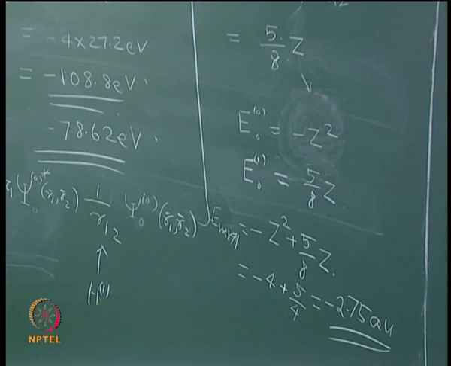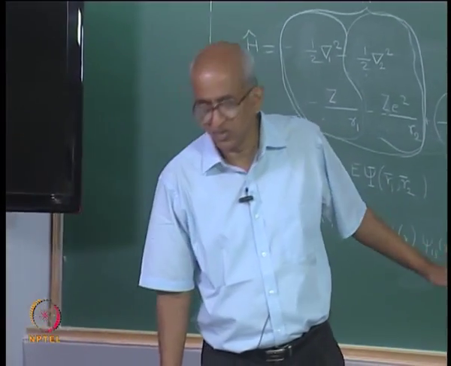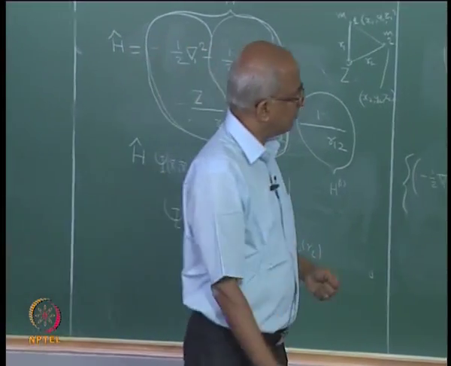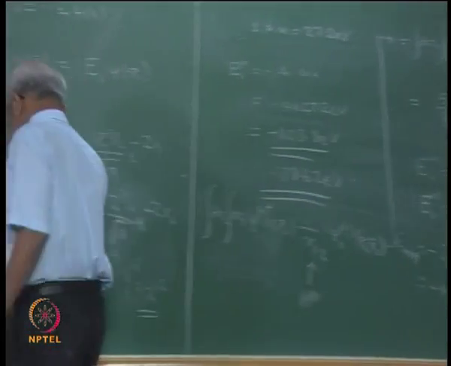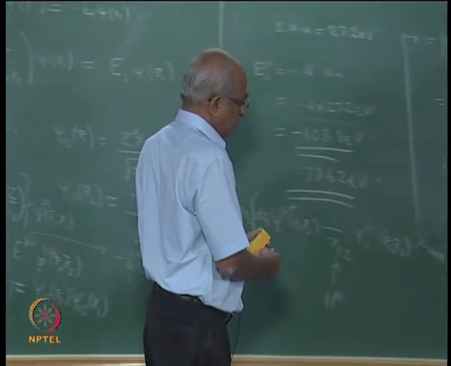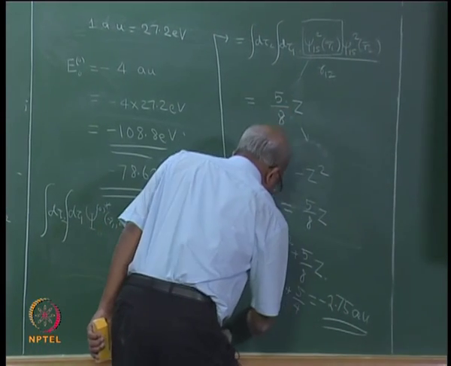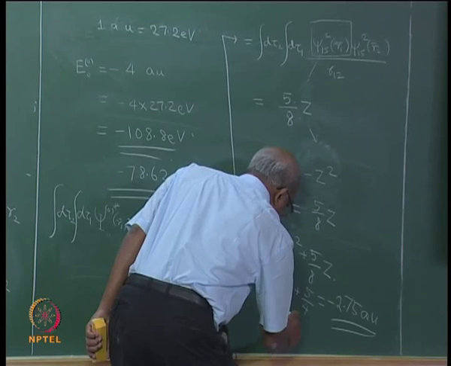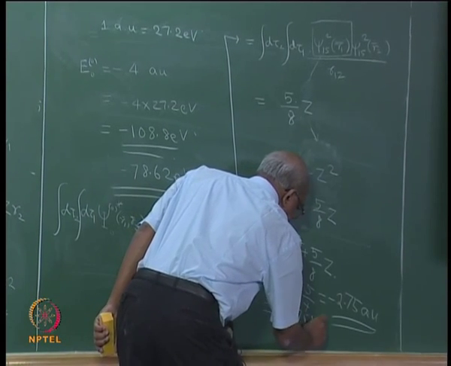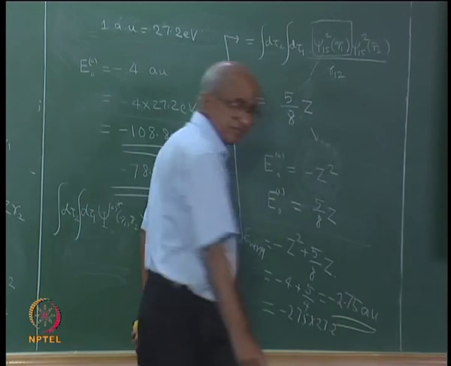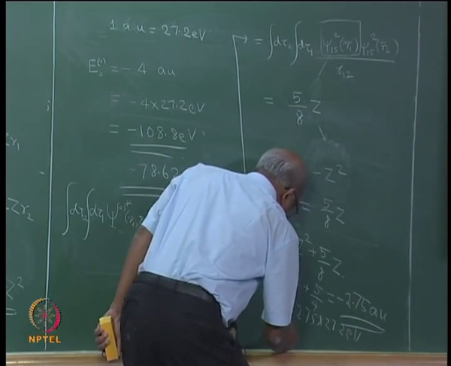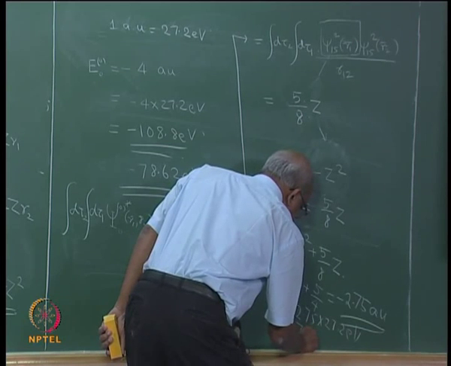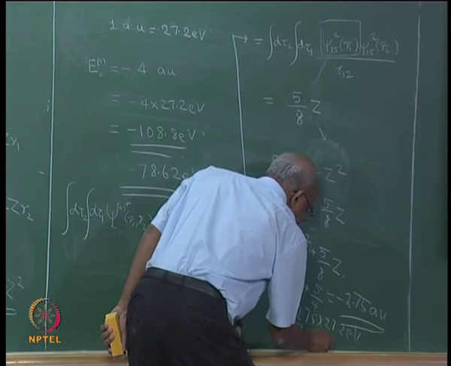And minus 2.75 atomic units, you can convert into electron volts and compare with the experimental value. To get the value in electron volts, you will have to take minus 2.75 and multiply it by 27.2. This will be in electron volts. If you did that, the answer that you get is minus 74.8 electron volts.